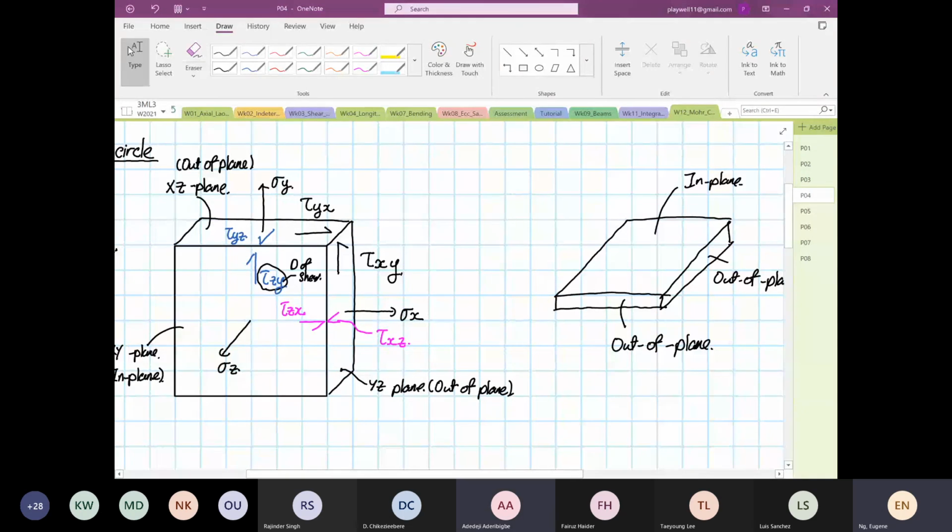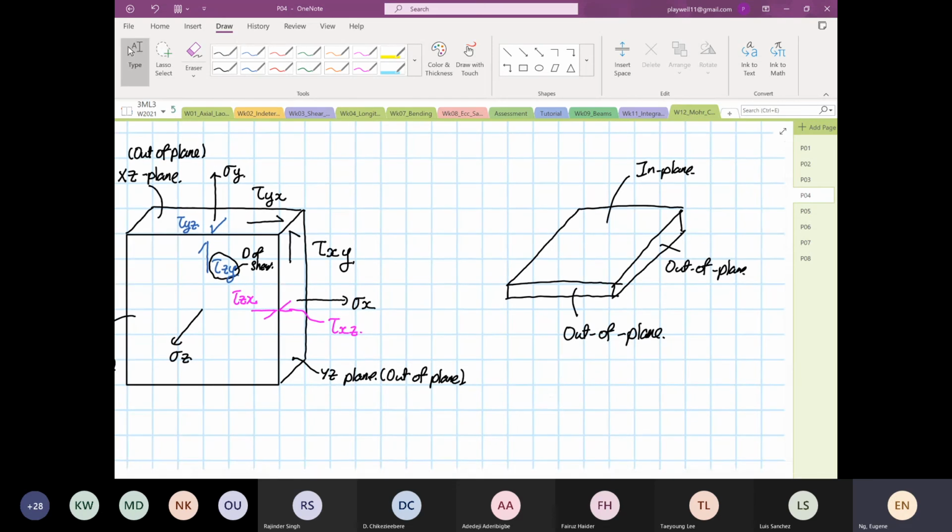Anyone? Think simple, picture please. Surface area. Yeah? The surface area? Yes. The largest surface area is the in plane. I tried reading the book, they don't tell me. So the largest area is the in plane.